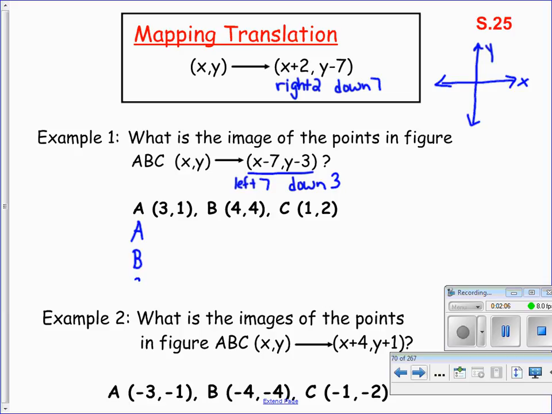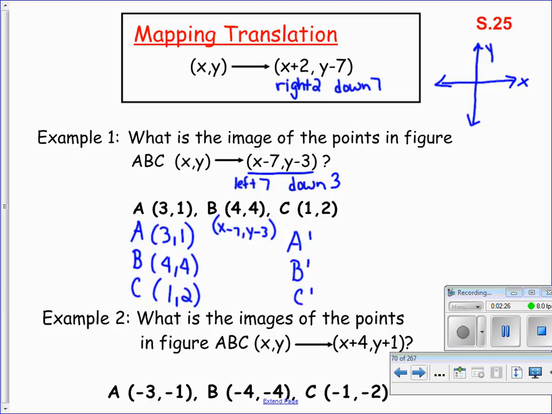I personally like to write A, B, and C vertically. For me, it helps. So I'm just going to quickly rewrite these. Okay, so now, this is what I'm doing. I'm doing (x - 7, y - 3), and I am now going to figure out what A prime, B prime, and C prime are. So let's take a look at the x-axis.